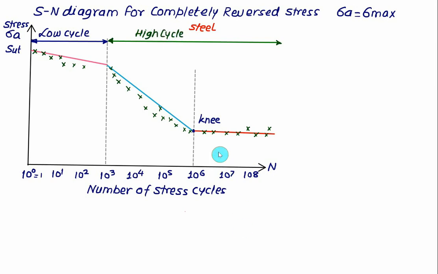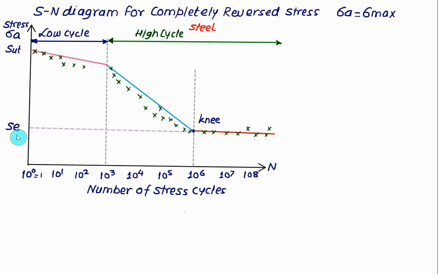For some materials that never fail for a stress level below a certain threshold, that is represented by this stress level, and this stress level is called the endurance strength, which is SE. So if you consider any stress below the value of SE, then the part will have an infinite life, and the corresponding threshold value is called the endurance limit.